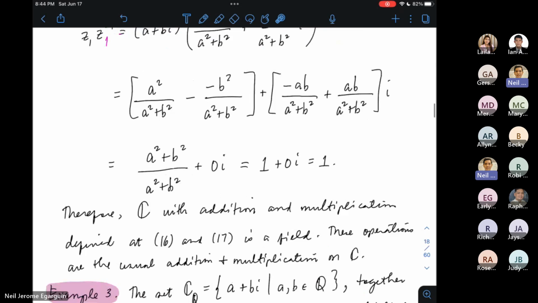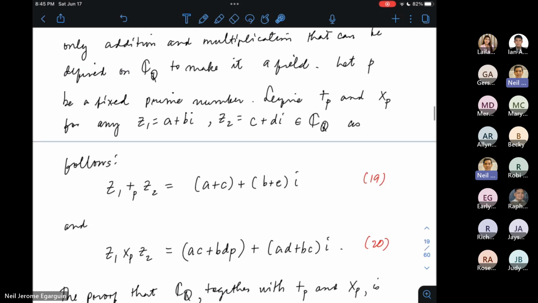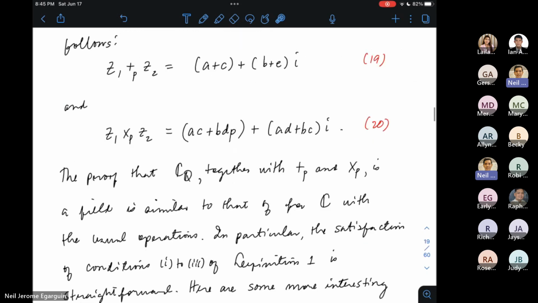Now, I will just leave example 3 to you guys to read. This is just an example of working with a very different operation. So here you have the set of complex numbers, and I defined a different operation on them.